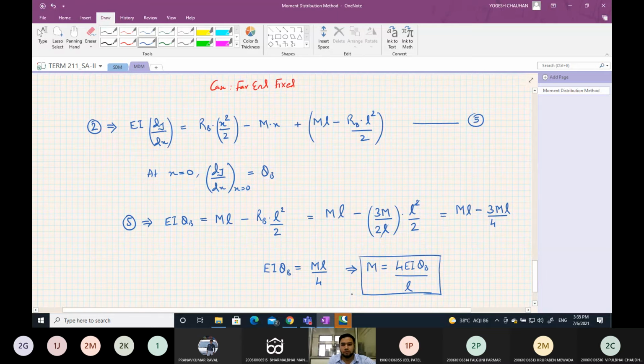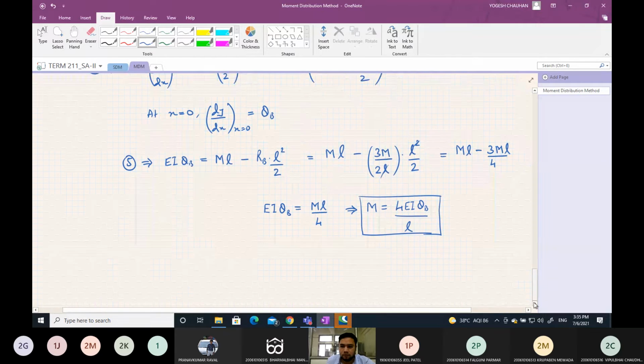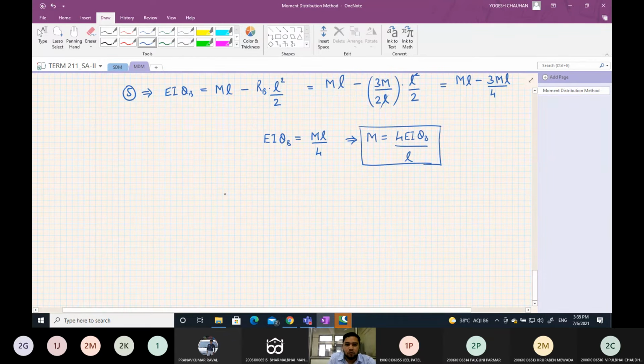Okay, now for unit rotation, that is theta b equals to 1, we need to apply m equals to 4 EI by L. Okay, now what is the stiffness?